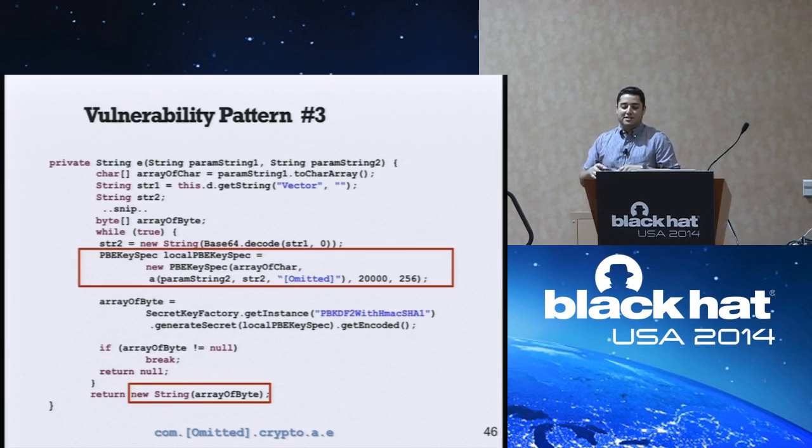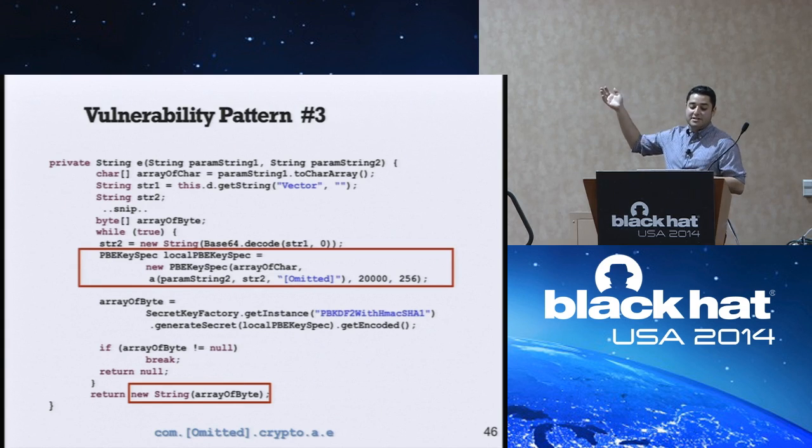You can just search for these in the code and say, all right, this is where the magic's happening. So we look at it and, oh, okay, they've got 20,000 iterations. They're taking in the first two parameters and using them as a salt and something else. And they're creating a 256-bit key. That's then assigned to an array of bytes, and the return value is just passing it into a string. Okay.